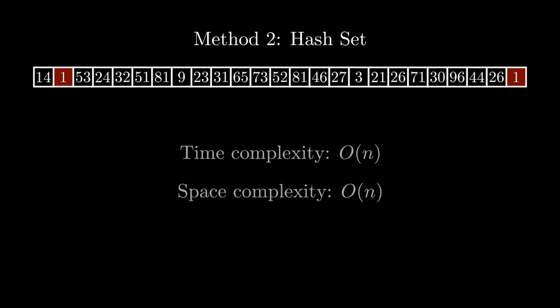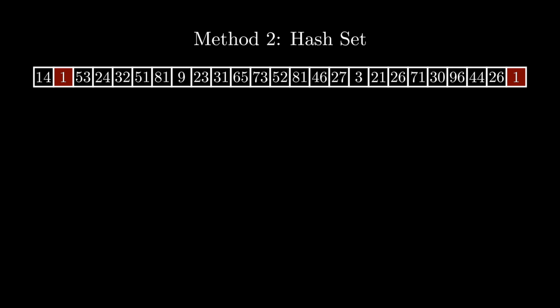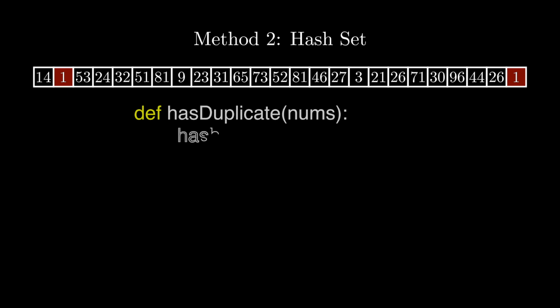Let's look at the code. Similar to the brute force method, this function is named hasDuplicate and takes in an array called nums. The first thing we do is create our hash set and call it hashSet.